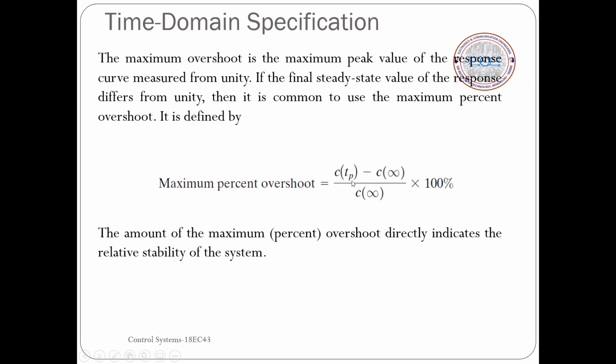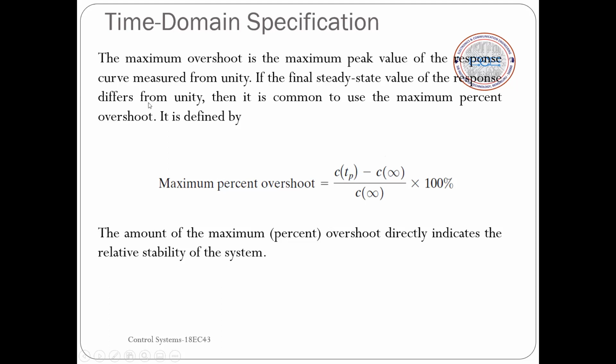What is C of TP? This is the output value at the peak time, minus the output value at infinity, that is at steady state, divided by the steady state value, times 100%. So why do we always go for maximum percent overshoot instead of only the maximum overshoot?